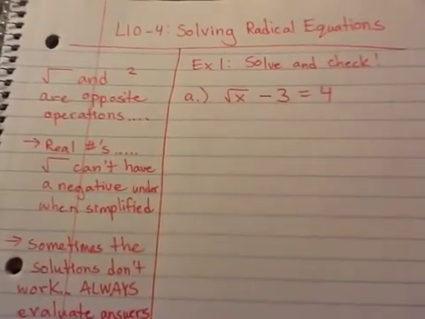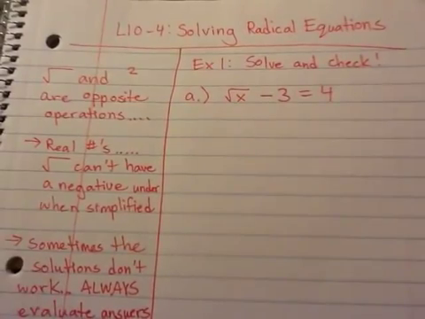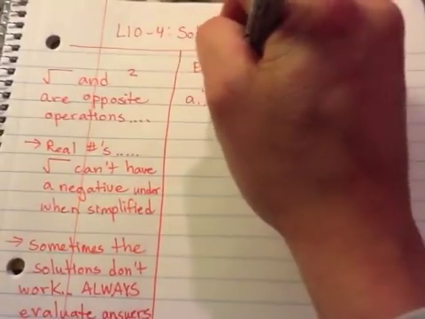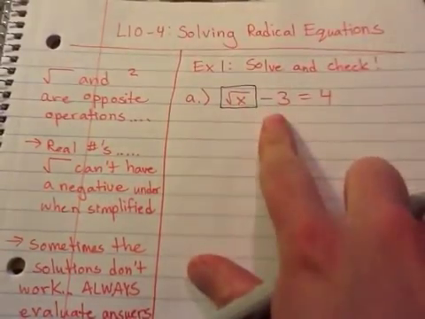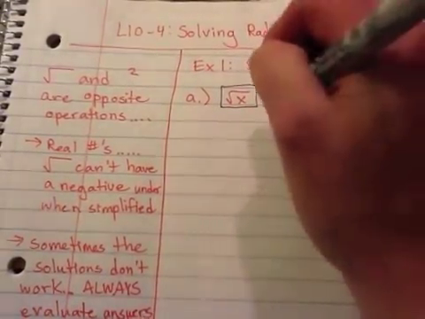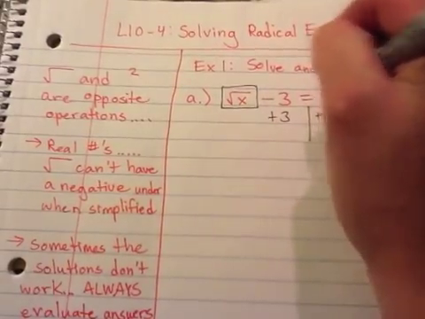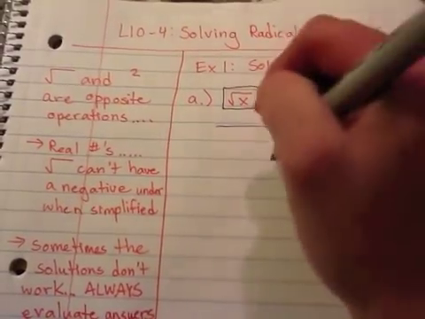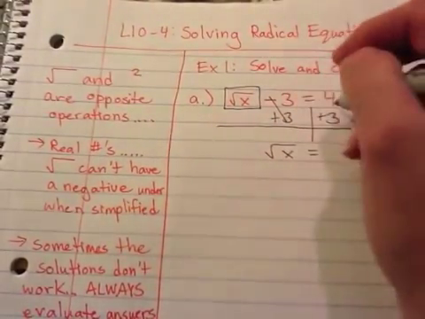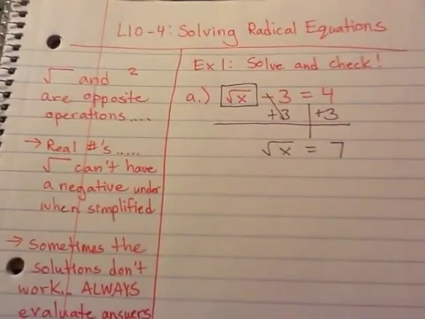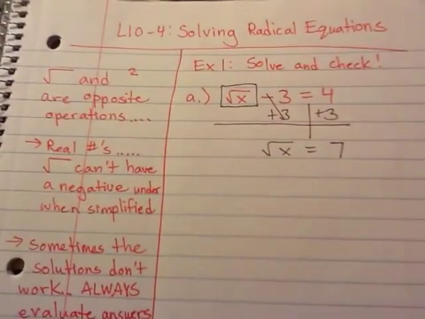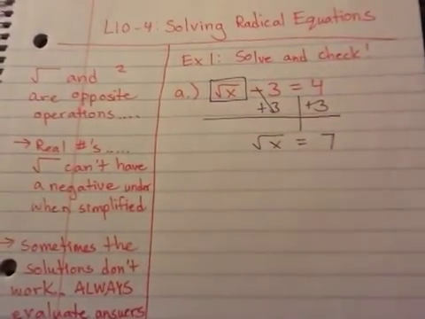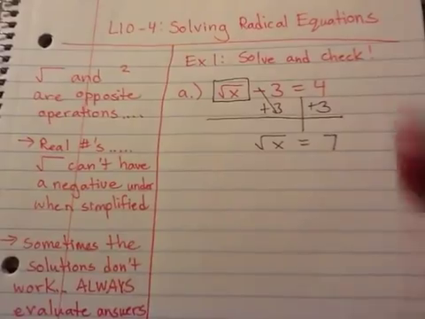So right here, what I need to think about is that I'm trying to isolate my radical. This negative 3 is on the same side, so I'm going to go ahead and add 3 to both sides. Cancels on the left. Now I have the square root of x equals 4 plus 3, which is 7. So now, in order to get rid of a square root, I'm going to square.